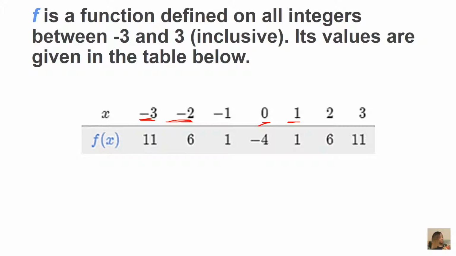An inclusive range of numbers is a set of numbers that span the x-axis, and whatever the question is of interest, the values include the first and the last value. Because sometimes when you're dealing with a range of numbers, they just include the numbers in between and not necessarily the first and the last value, okay? So the first and the last value are included. All right, so the values of f are given in this table below.